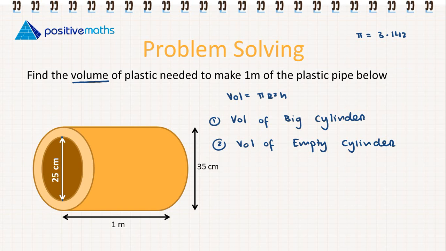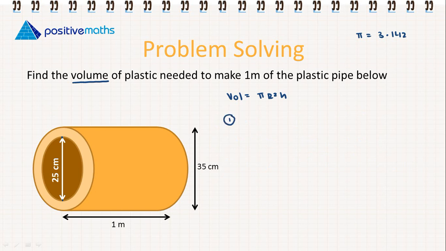Then our answer, the volume of plastic, is going to be equal to the volume 1, so the volume of the big cylinder, minus the volume of the inside of the cylinder. So that will give us the volume of plastic.